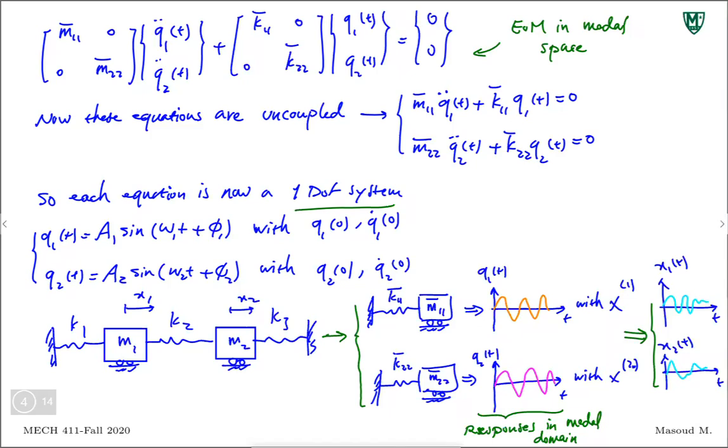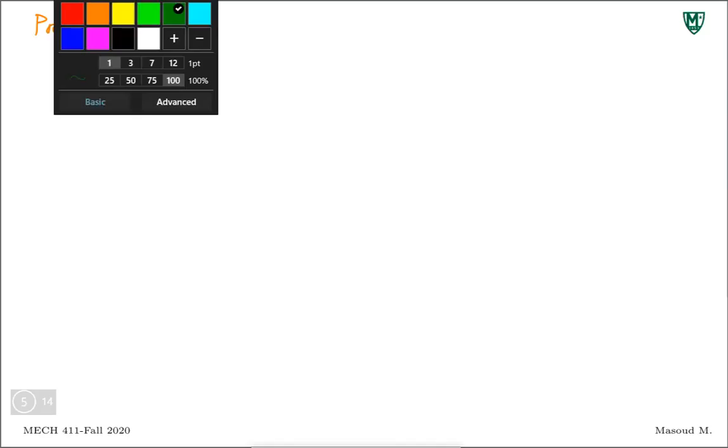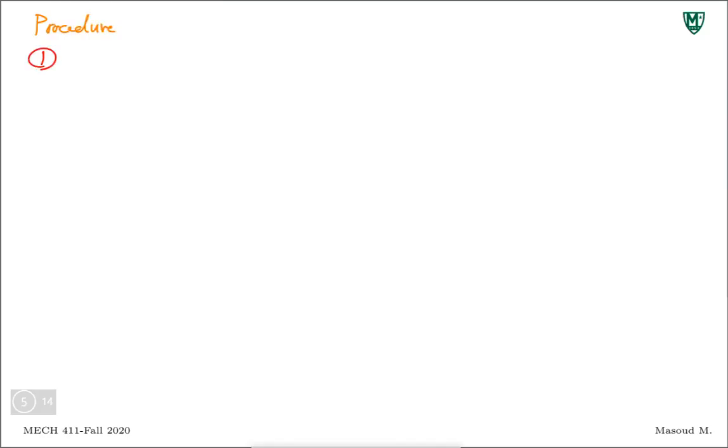Now let me give you the procedure step by step. How do we deal with a system like this, when we have an example in front of us? Procedure. There are some small steps that you have to take. So step one, derive the equation of motion. You're given a system, and you're asked to find the system response for some given input.